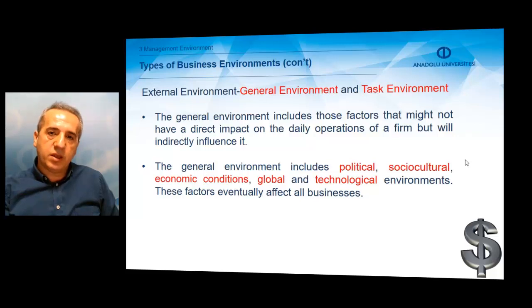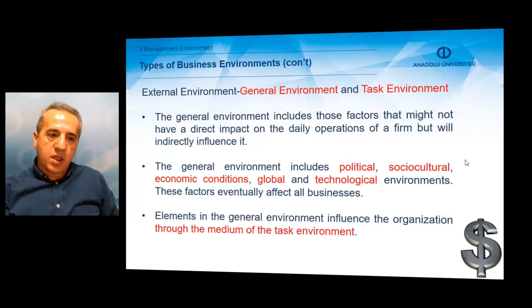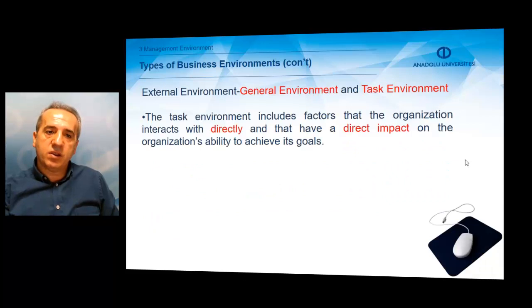So within the general environment, we can talk about political, socio-cultural, economic conditions, global and technological environments, and these factors eventually affect all businesses, but as we said before, indirectly, right? The elements in the general environment influence the organization through the medium of the task environment.